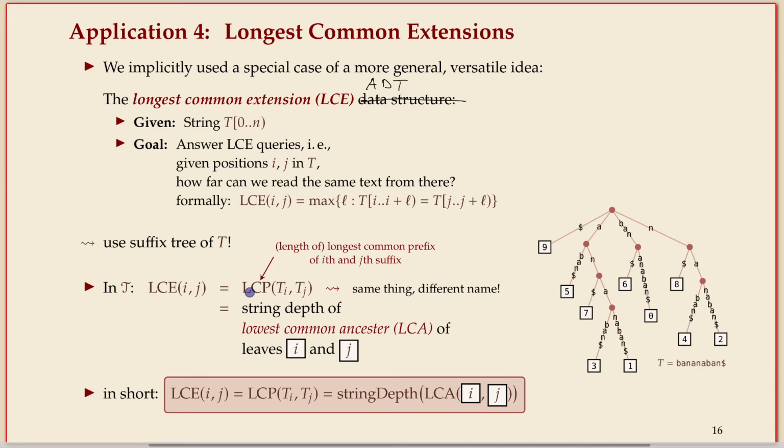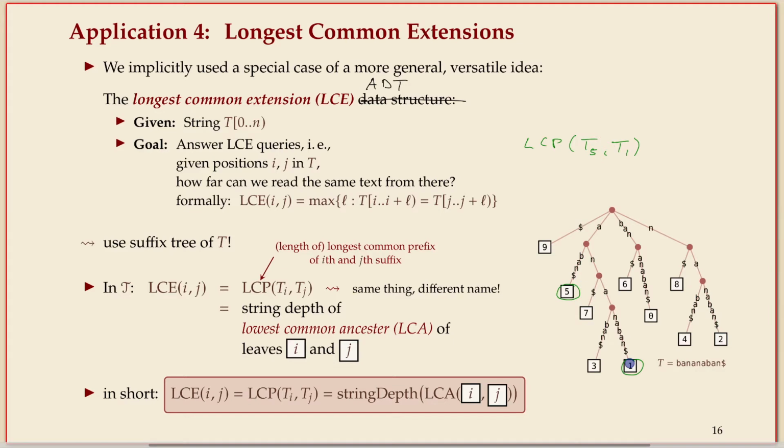And also, if you have two suffixes, then in a suffix tree, there's two leaves that correspond to these starting indices, i and j. Now, something that might not be completely obvious at first sight is that if you find the lowest common ancestor, that tells you what the longest common prefix is. So let's do an example in our tree here. If we want the longest common prefix of T5 and T1, we find the leaves for 5 and 1.